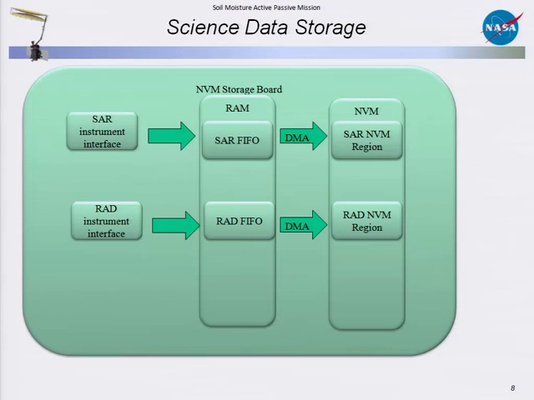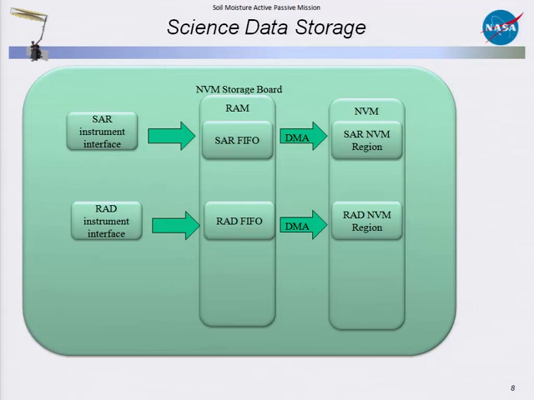So now within the NVM board, now we're opening up the box even more. I'm showing you how the data flows. The instruments have a physical connector that goes right into the NVM board. That's the SAR instrument interface and the RAD instrument interface.